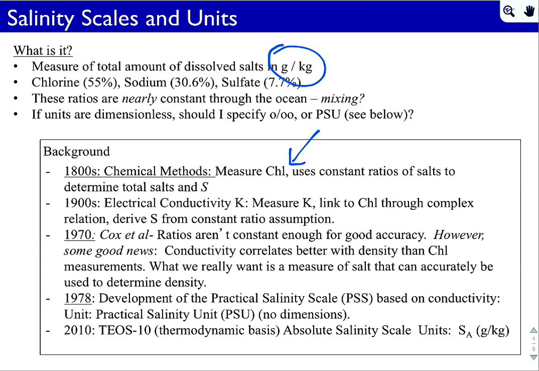The early basis was the constant ratio assumption, but as the precision of these measurements increased, the errors were dominated by problems with that assumption, where the salt ratios start to vary from some kind of nominal ratio relationship. And so over the years there have been some better developments, the two big ones being in 1978, the convention of the practical salinity scale, which is based on conductivity.